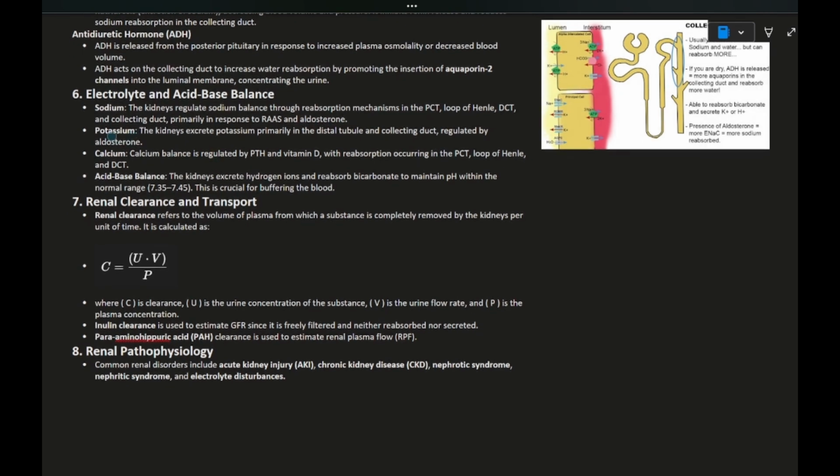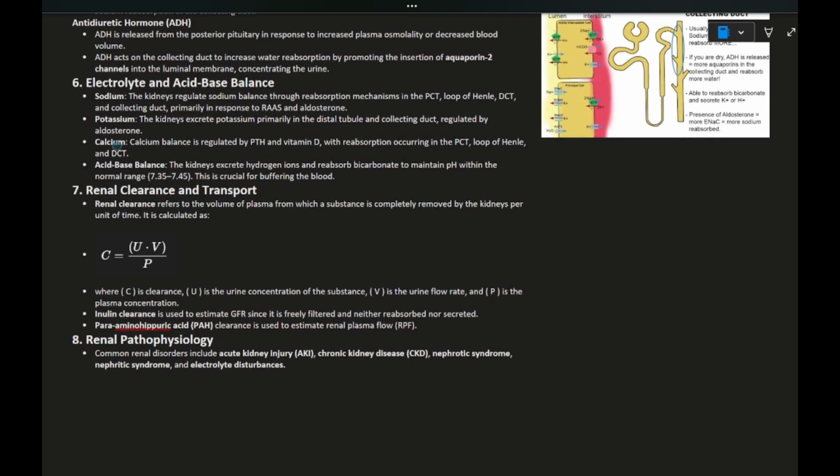Potassium is another important electrolyte. The kidneys excrete potassium primarily in the distal tubuli and the collecting duct, regulated by aldosterone once again. Then we have calcium, where calcium balance is regulated by the parathyroid hormone and vitamin D, with reabsorption occurring in the proximal convoluted tubuli, the loop of Henle, and in the distal convoluted tubuli.